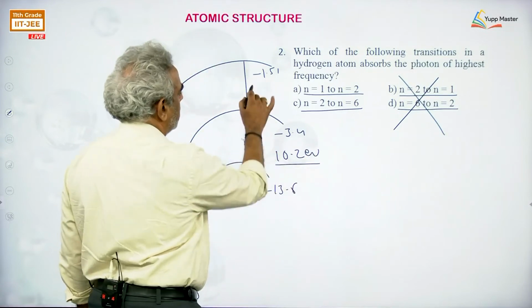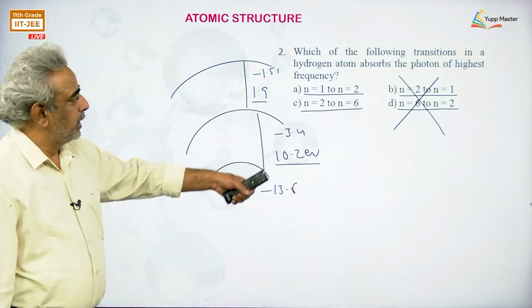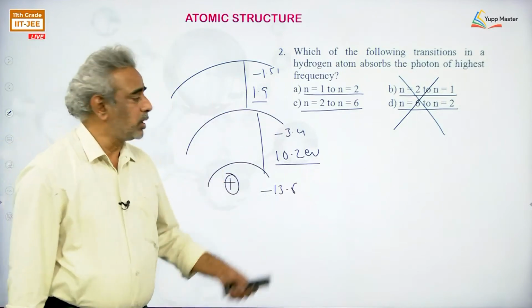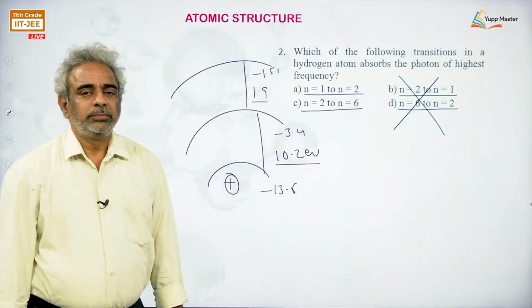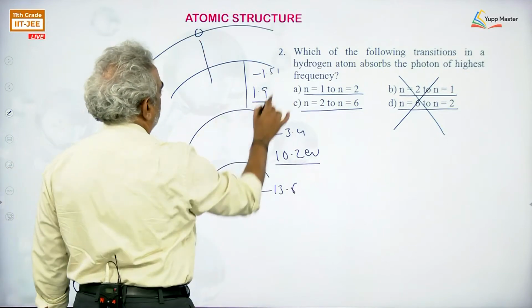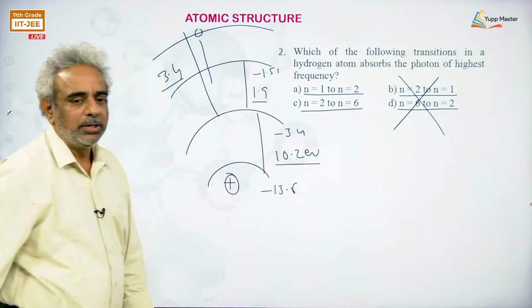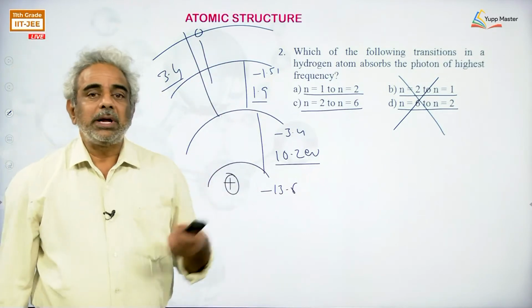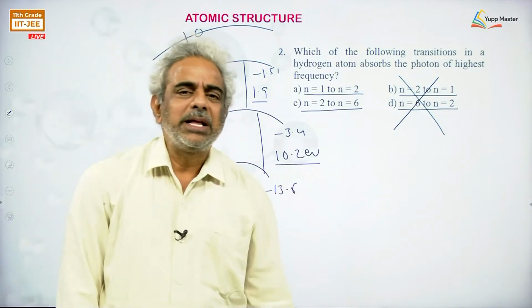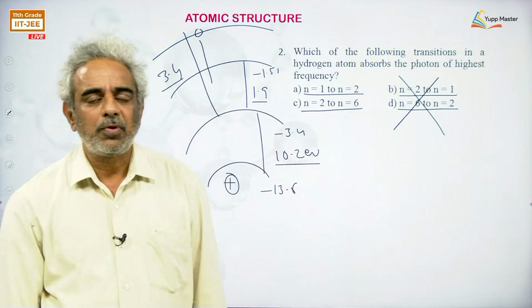This gap is after all 1.9. Which gap is more? This. He is telling 2 to 6, not 2 to 3. Even then no problem. Even if you go to infinity also, what is the gap? 3.4. That is still less. So, any transition in between 2 and infinity must be less than 3.4.